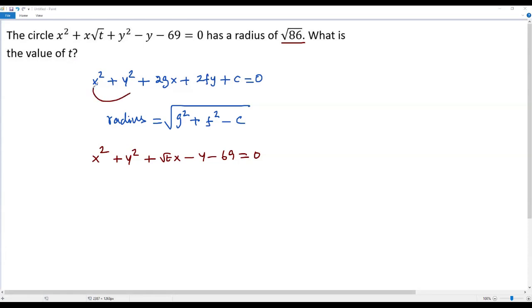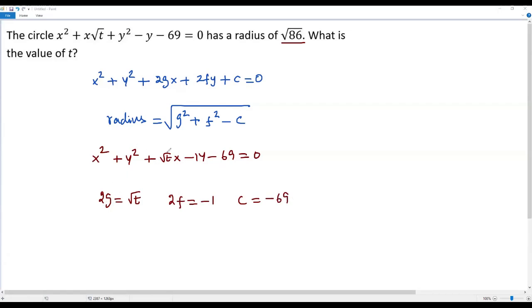When I compare the two equations, 2g is the coefficient of x. Here the coefficient of x is √t, so we get 2g = √t, and 2f is the coefficient of y. In our equation, the coefficient of y is −1, so we get 2f = −1, and c is the constant term, which is −69.